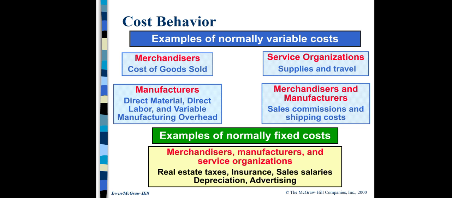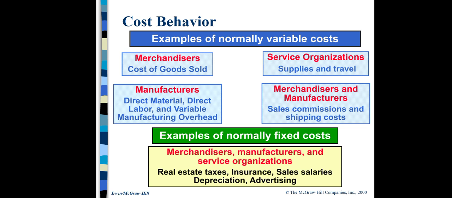And for the manufacturers, the examples of variable cost are direct material, direct labor, and variable manufacturing overhead. And for the service organization atau perusahaan jasa ya, contohnya biaya variabelnya adalah supplies and travel.